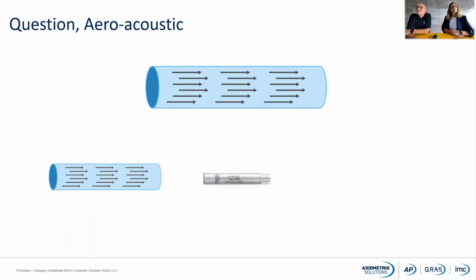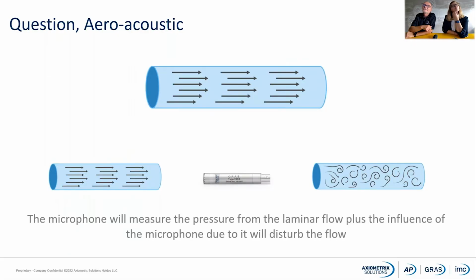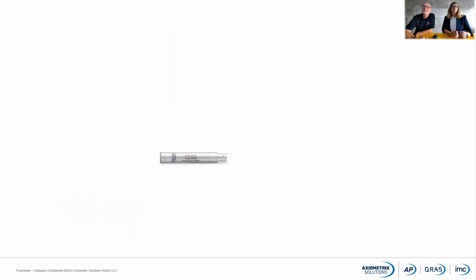When we place the microphone inside this system, then the microphone, due to its own size, will generate some turbulence. So it will actually disturb the flow, and we will measure wrong values or higher values than maybe expected. So we actually have to do something with the microphone for doing correct measurements in this laminar flow.